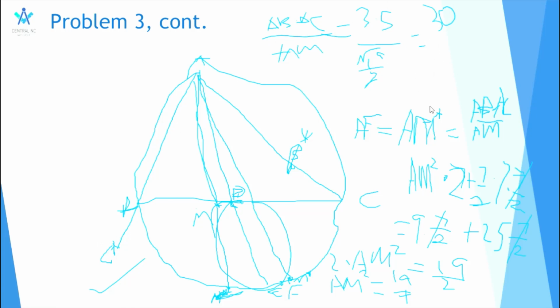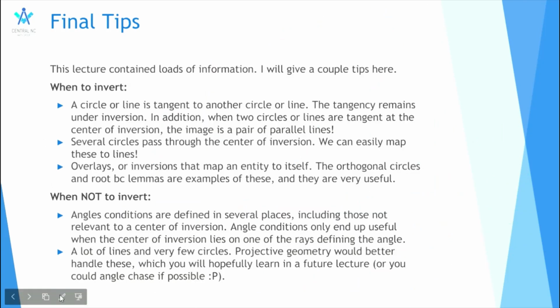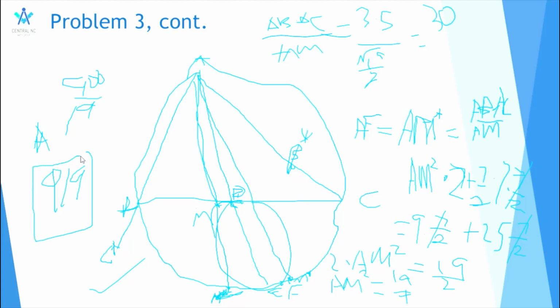AF equals 30 over root 19. Now, when we square, we get our answer AF squared equals 900 over 19, with the final answer of 919. And we win. AMC number 15. Alright, that's our last problem.